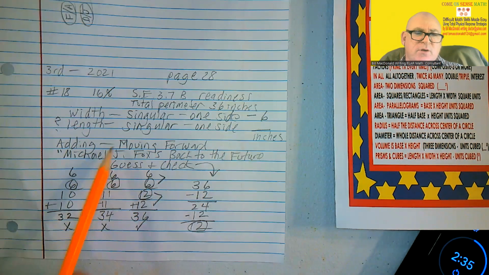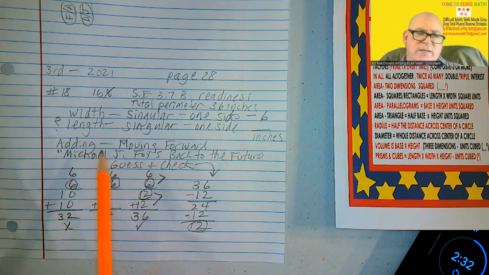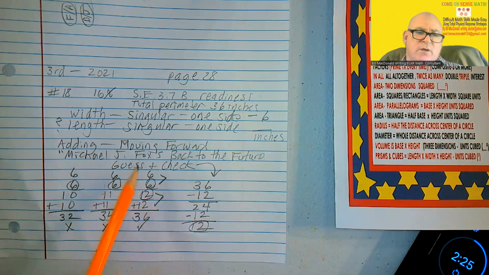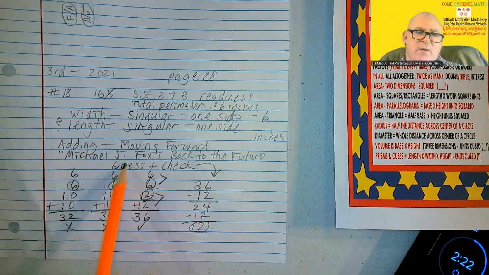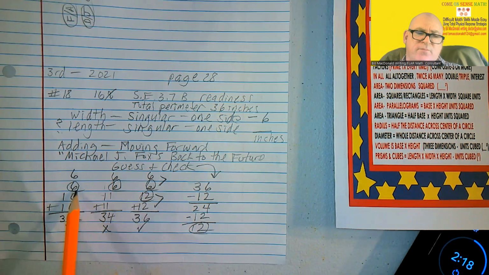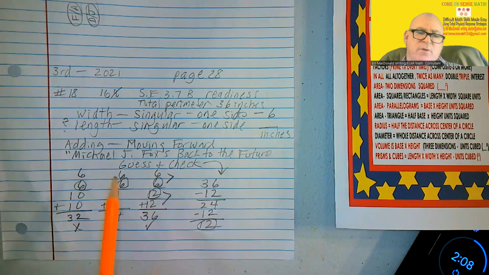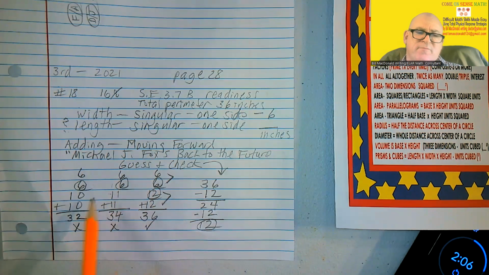All right. So here's how I would teach you how to do the guess with addition and the check with subtraction. So here is one way. Michael Jackson's Back to the Future. We already know that our width is 6 and that opposite sides of a rectangle and a square are the same in length. So the guess and check would be, we'll start with multiples of 5 or 10.